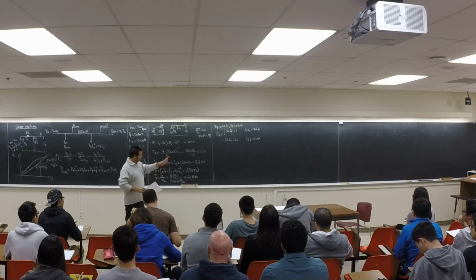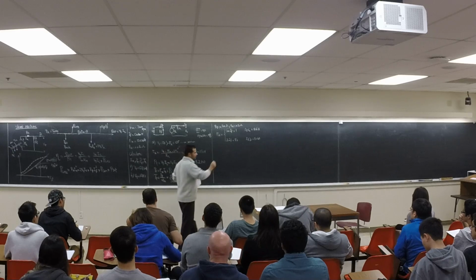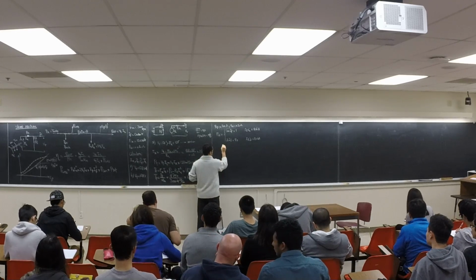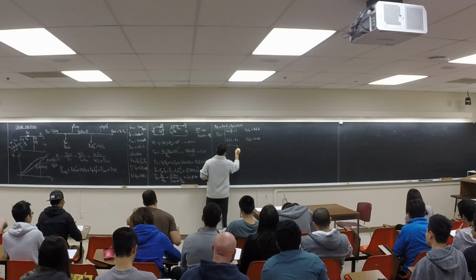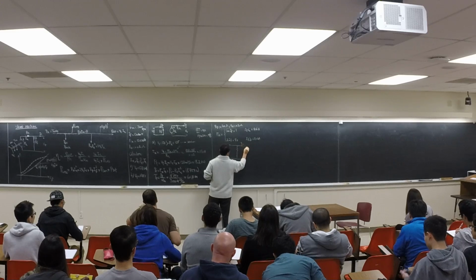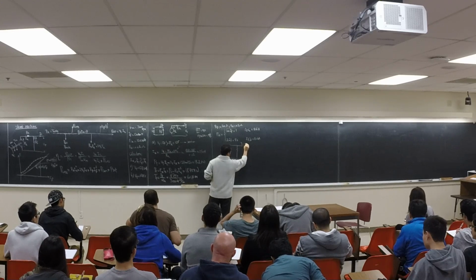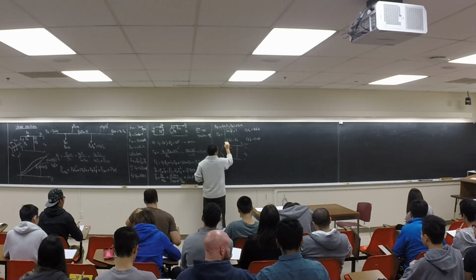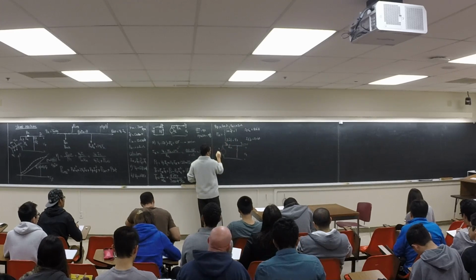Let's see. So I plot this one. This is my circuit, right? How much is IL? It's 0, because it's a no load. How much is IA? I don't know. How much is EA?